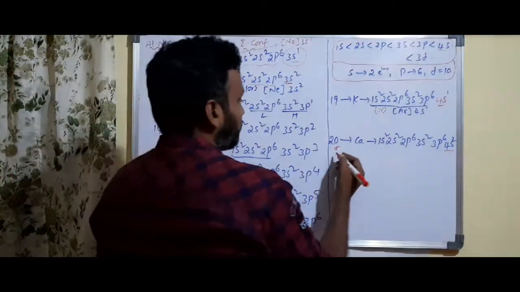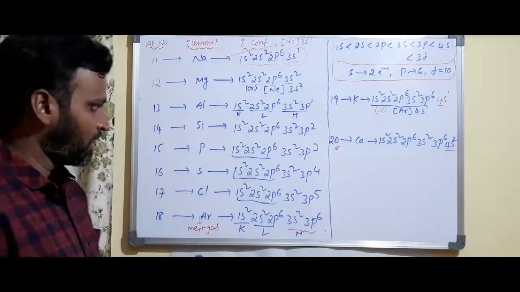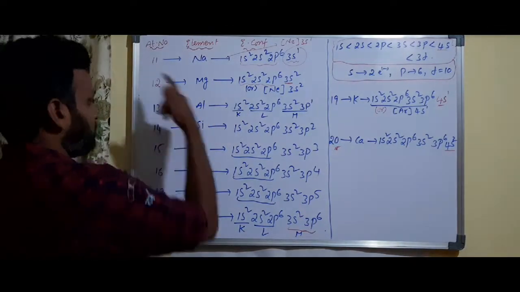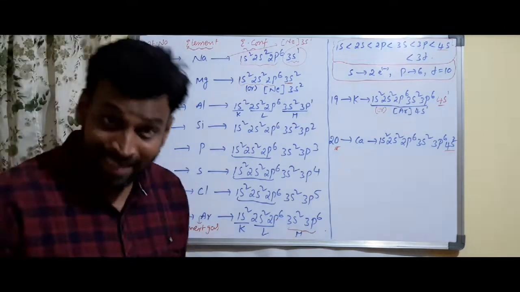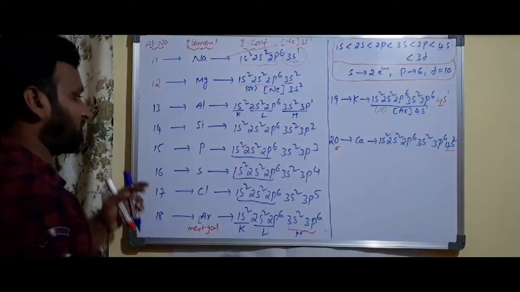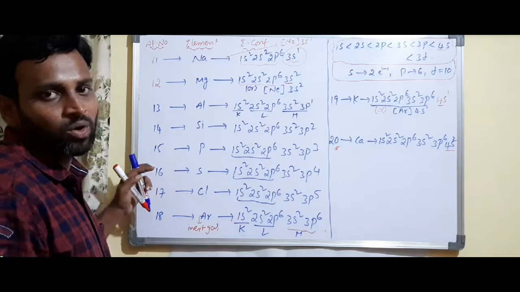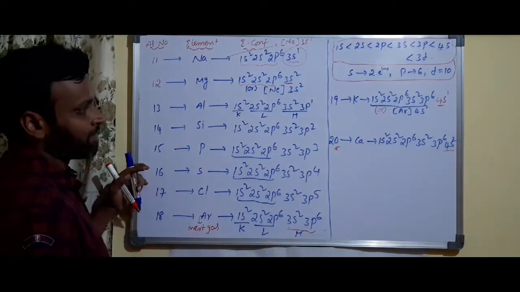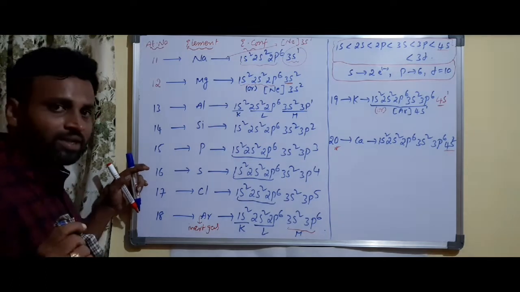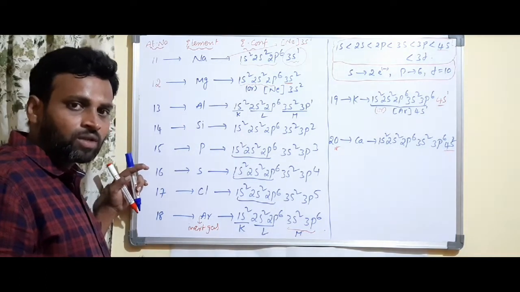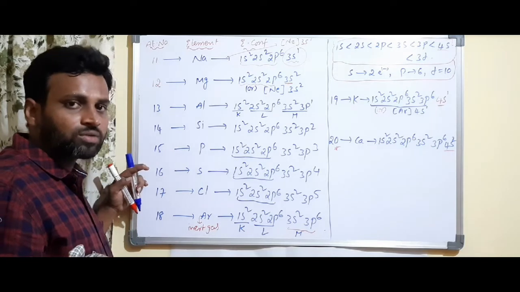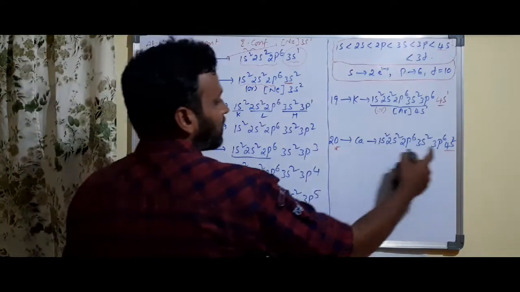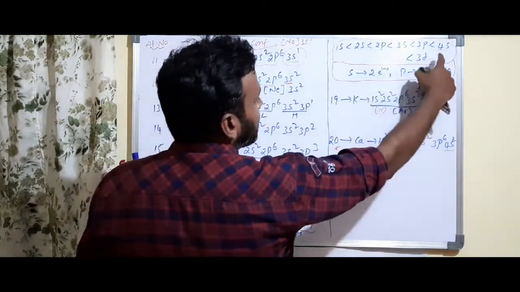Okay, so up to 20 elements we discussed. How many did we discuss here? 11 to 20 elements we discussed. If we discuss the next 10 elements, it will be over today's class. So up to calcium we discussed. Next, 21 means the electron enters into where? You tell me. After class. Okay, next the electron enters into 3d.